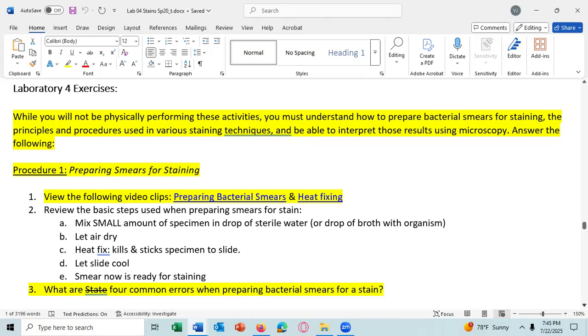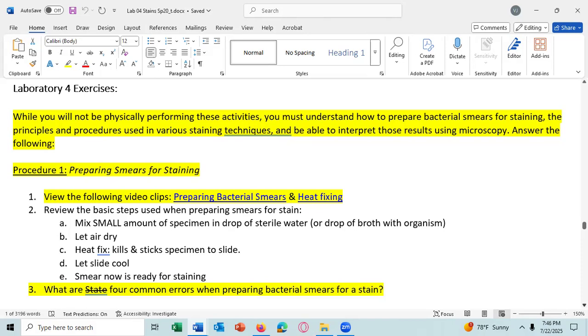One procedure is to stain the cell. The other procedure is to make the bacterial smear. And you must do the bacterial smear before you do the bacterial staining. But if you do the bacterial smear, you don't ever have to do the staining.